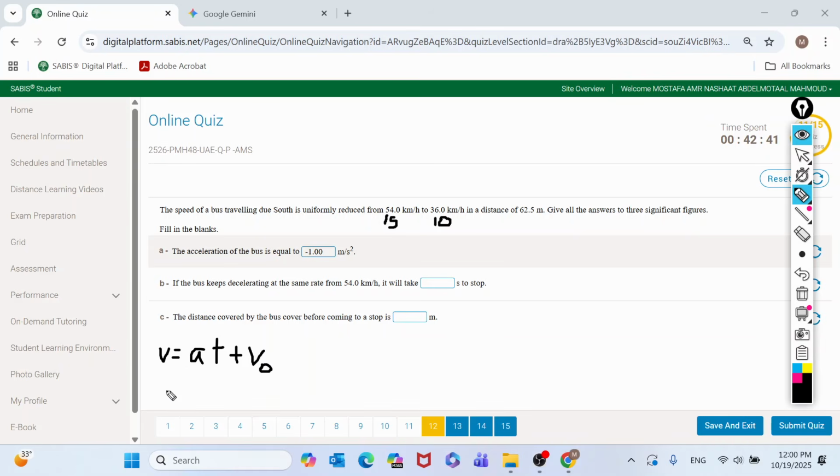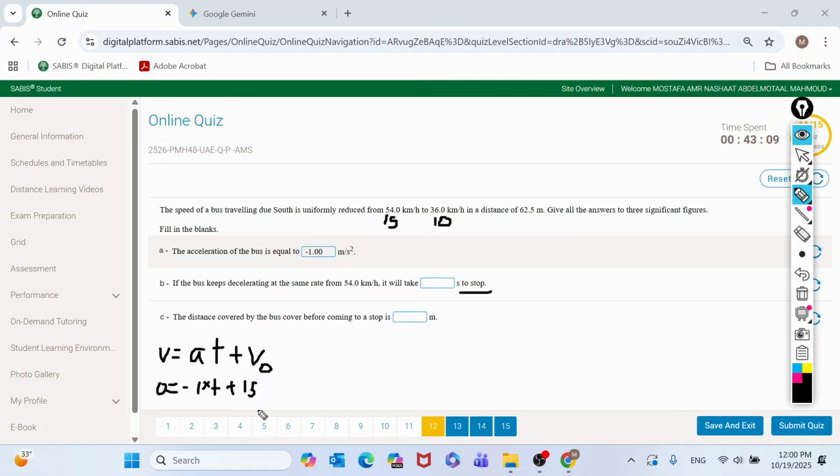Okay, so V is 0 because you want to reach 0, so that it will stop at the end. This is how much it starts at, which is 15 meters per second or 54 kilometers per hour. A is negative 1 times T, which we don't know, plus 15.